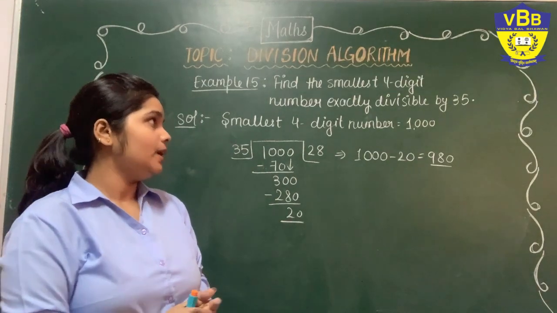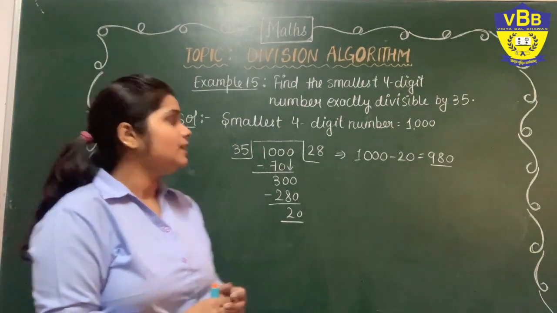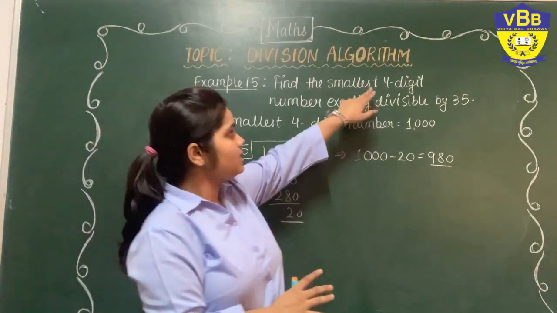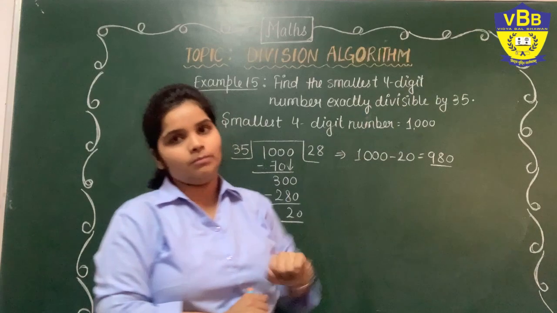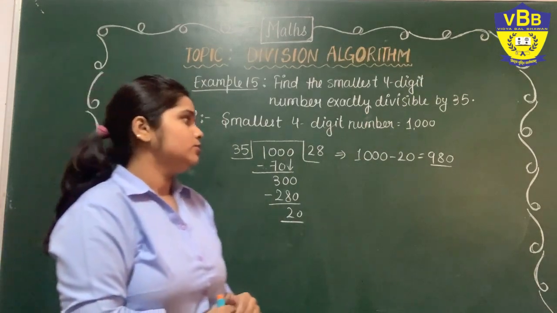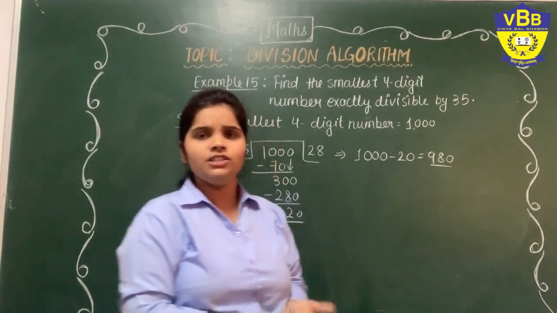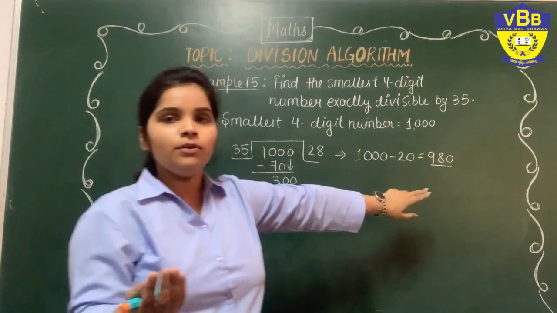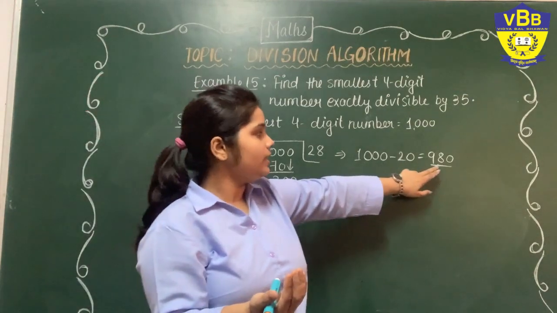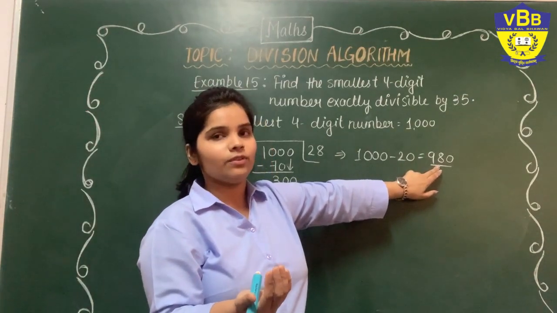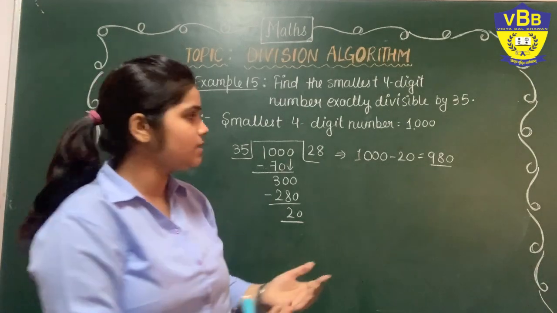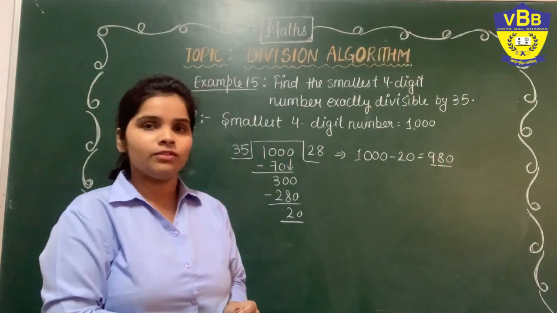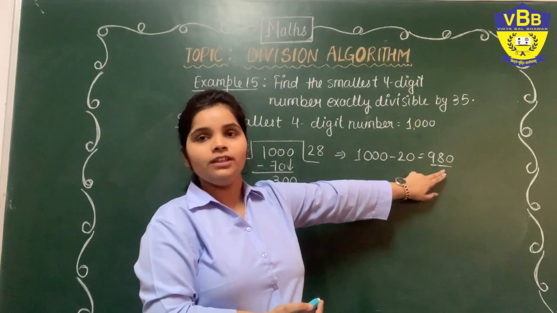But the problem is 980 is a 3-digit number and the question is asking for the smallest 4-digit number. So what? The next multiple of 35 after 980. How will you find the next multiple of 35 after 980? We will add 35 to it.